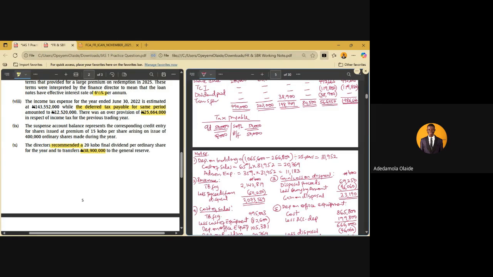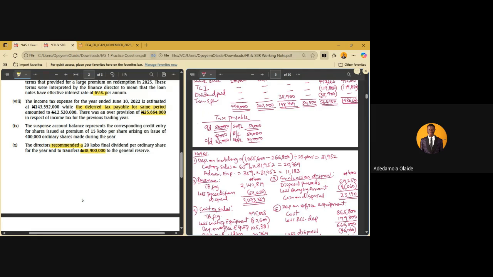So if they now make a current year provision of, let's say, another 50,000, what we'll have as the balance carried down will now be, instead of 50,000, 53,000. Are you getting it?